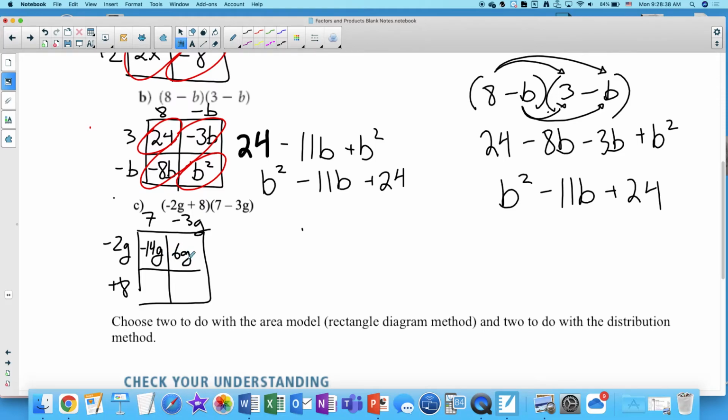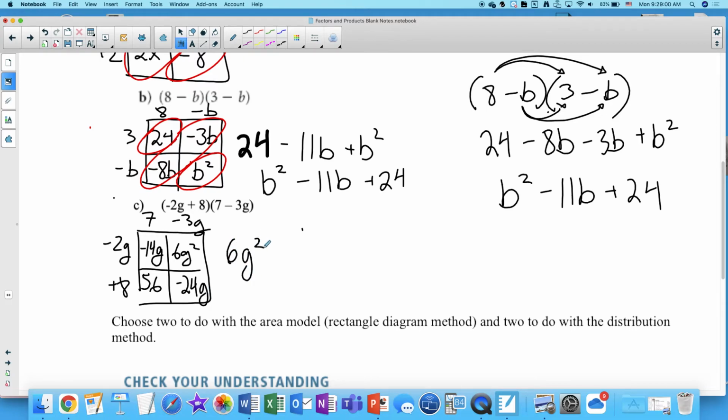And 8 times negative 3 is negative 24, negative 24g. Actually, they did sort of line up along the opposite diagonal, I suppose. Okay, so this all together is 6g squared. Negative 14 minus 24 is negative 38g plus 56.